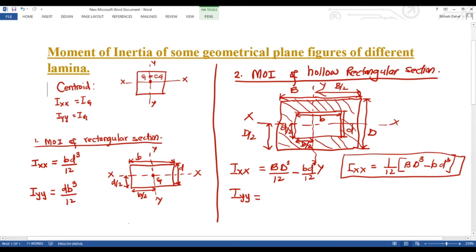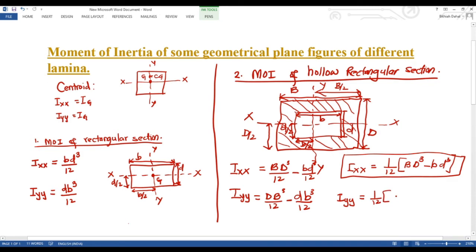For the outer rectangle, it is capital D B cube by 12 minus, for the inner rectangle, small d b cube by 12. So again, I can write this as I y equals 1 by 12, which is common in both.